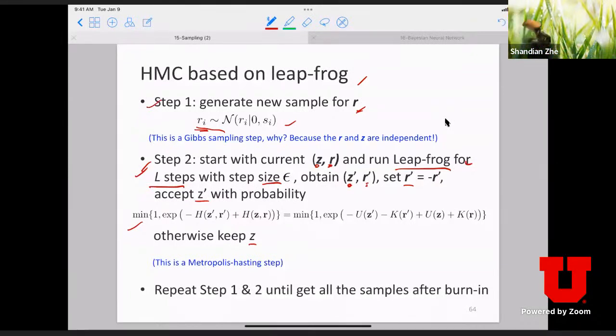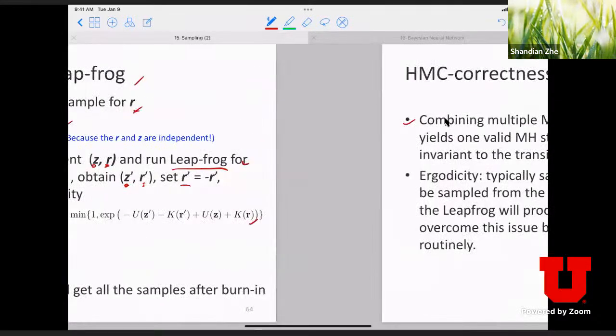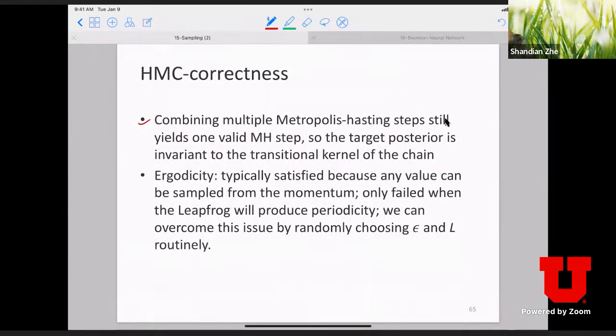So by leveraging the theorem we used before, we can still show the detailed balance with this acceptance test. So actually, every iteration of Hamiltonian Monte Carlo sampling just combines 2 Metropolis-Hastings steps. You can combine an arbitrary number of Metropolis-Hastings steps, and you still yield a valid transition kernel.